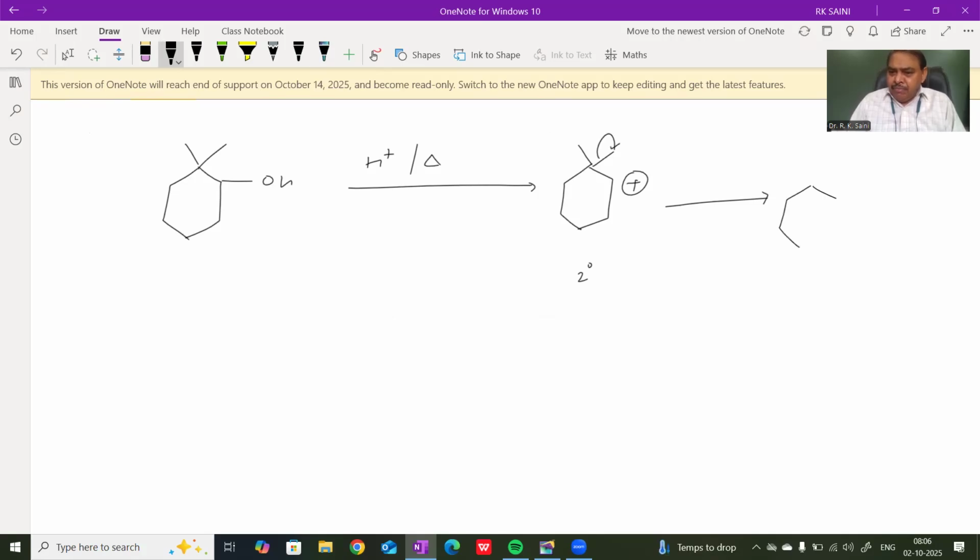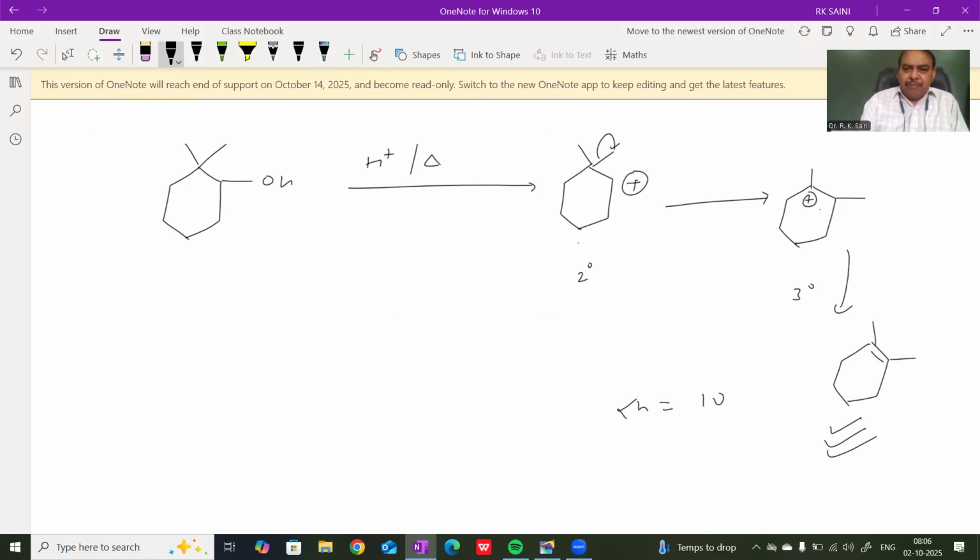And hence it becomes a tertiary carbonium ion. Tertiary carbonium ion is more stable than secondary. After loss of H plus ion, it gives the major product alkene. This alkene is most stable and it contains 10 alpha H. Therefore, the major product alkene is this. These are the examples and explanation of E1 reaction.